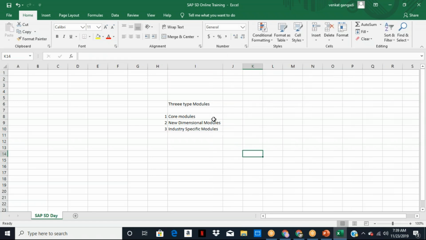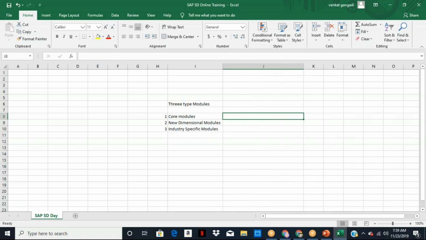So what are the core modules? The core modules are the modules which were introduced at the very beginning; in other words, they were developed while introducing the SAP software. Whatever modules were introduced along with SAP to the market, we call them core modules.